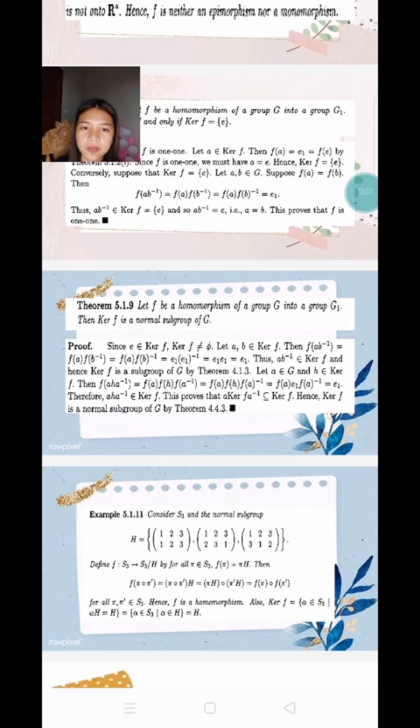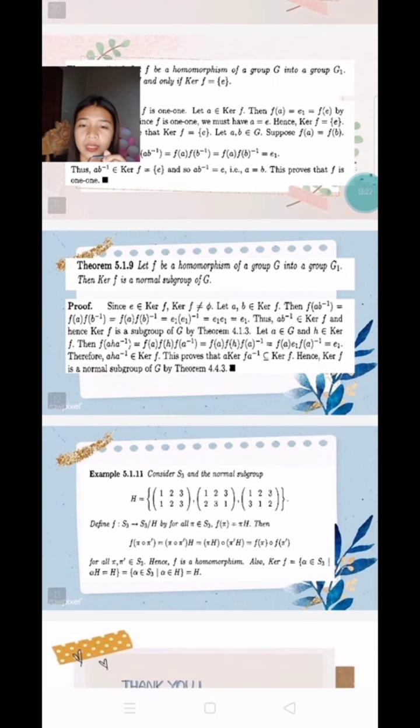Then f of ab raised to negative 1 is equal to f of a times f of b to negative 1, which is equal to e sub 1 times e sub 1 to negative 1, which is equal to e sub 1. Thus ab raised to negative 1 is an element of kernel of f, and hence kernel of f is a subgroup of G by Theorem 4.1.3.